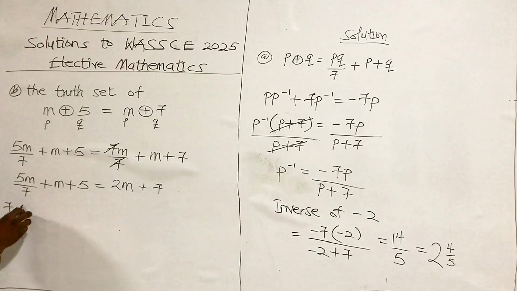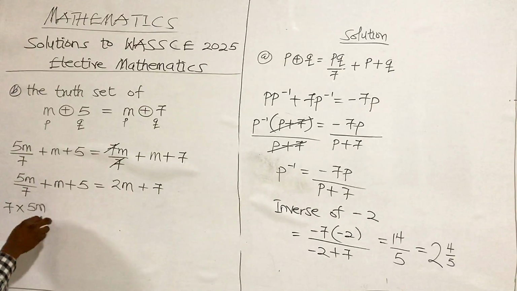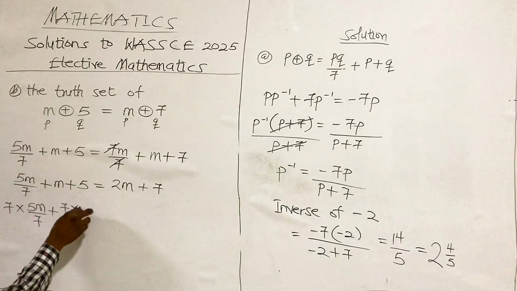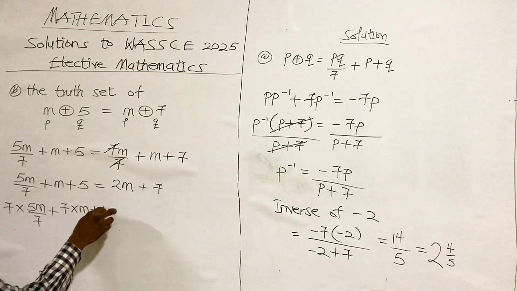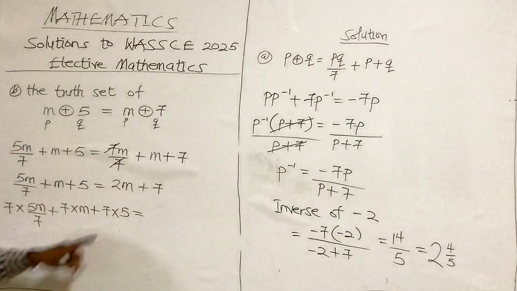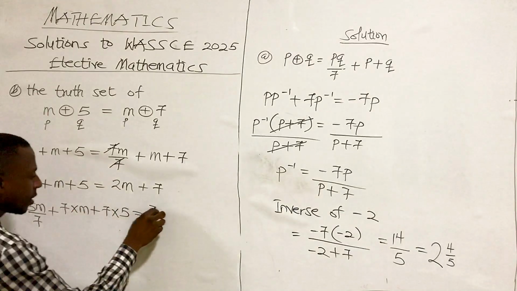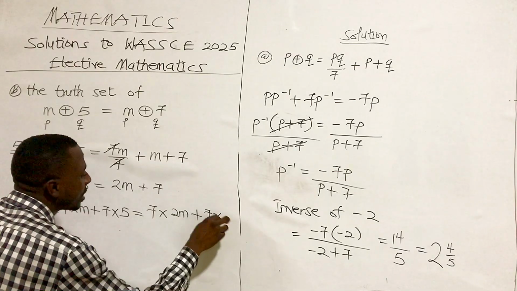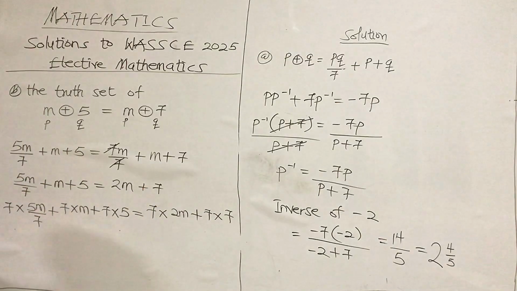So we have 7 times 5m over 7 plus 7 times m plus 7 times 5 is equal to 7 times 2m plus 7 times 7.